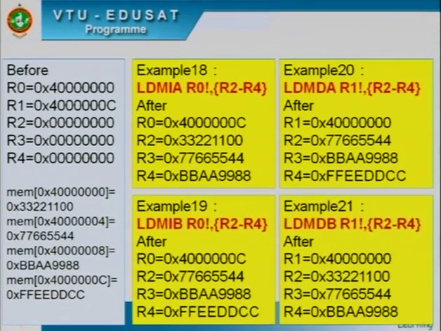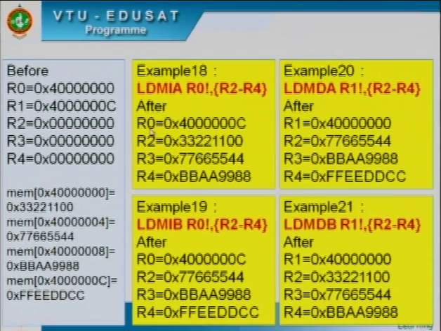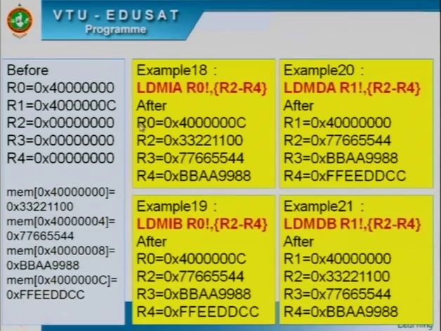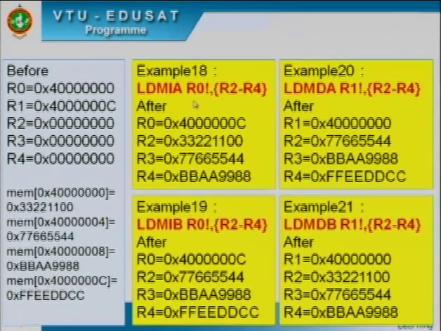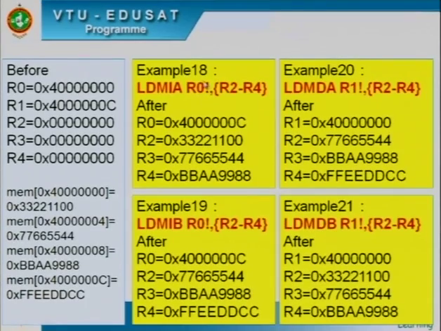In the previous example that we discussed, it was a square bracket. What happens in this instruction? The memory content pointed to by the register R0, that is 0x4 followed by 7 zeros, will be transferred to register R2. It gets incremented, as increment after is there.